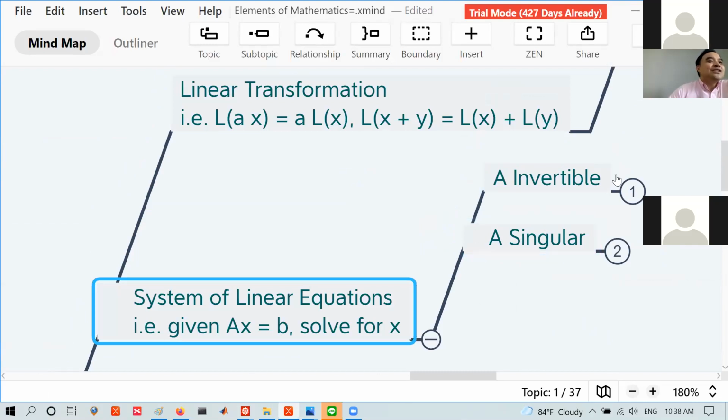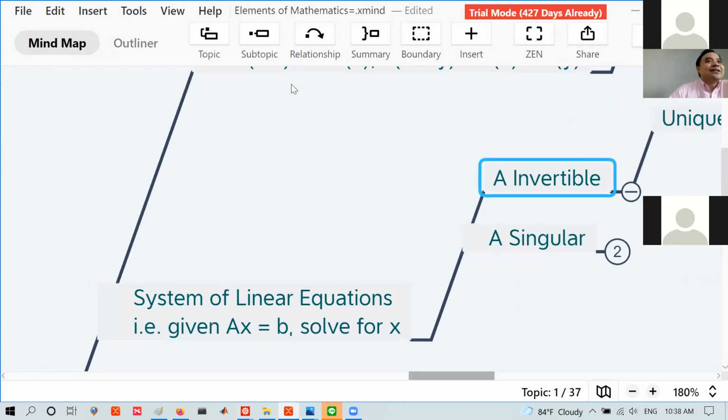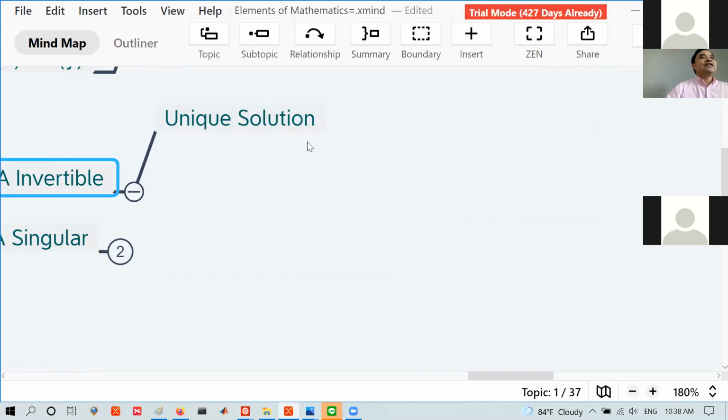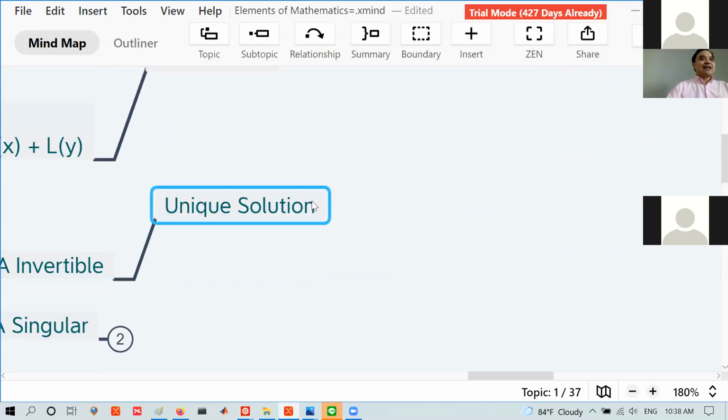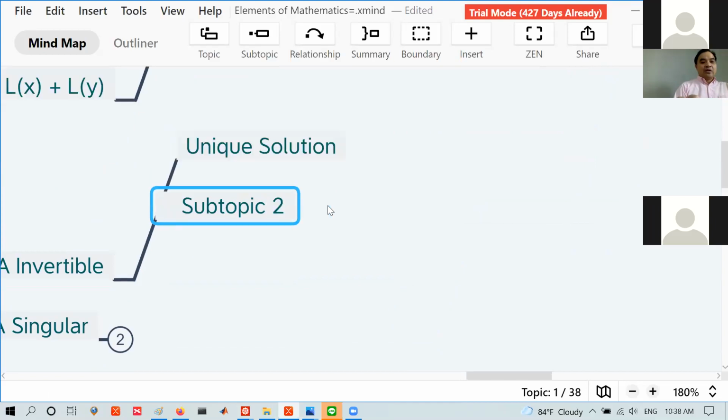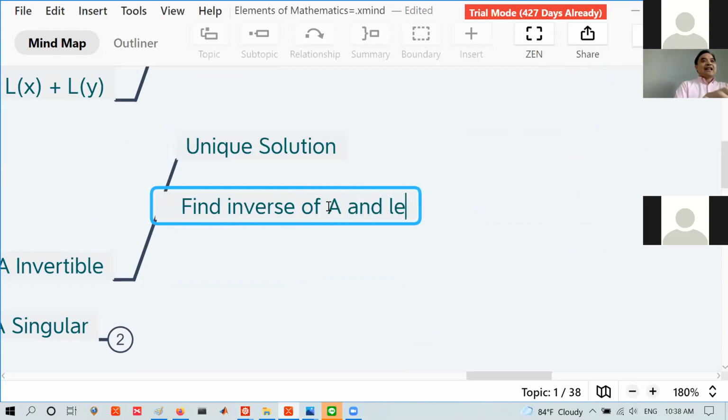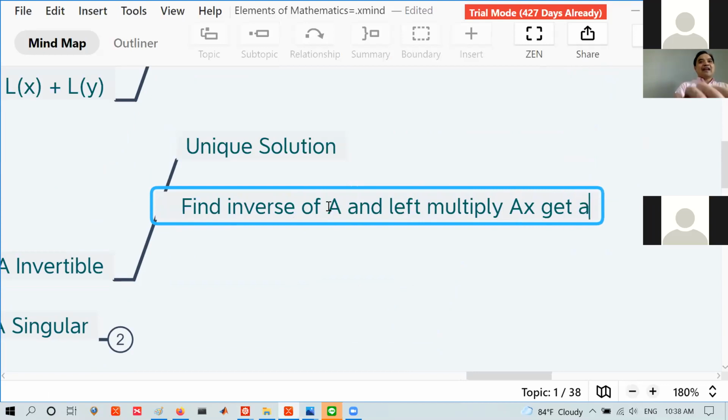One situation corresponds to a unique solution. How do you find that? You find the inverse of A and left multiply, and then you get X. So that's your unique solution.